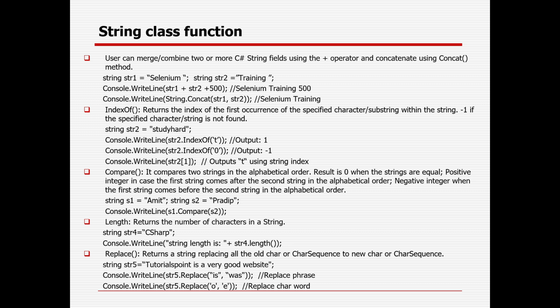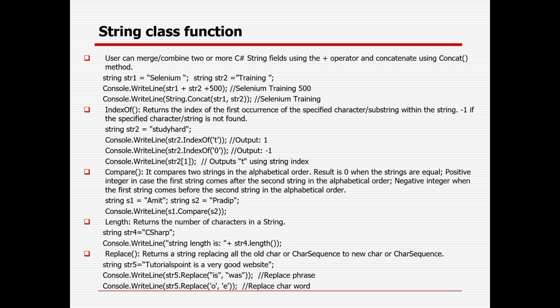Say I already have the strings, but I want to know what value is at a particular index, or with the help of a particular character I want to find which position it belongs to. With the help of the IndexOf method, I can also operate.